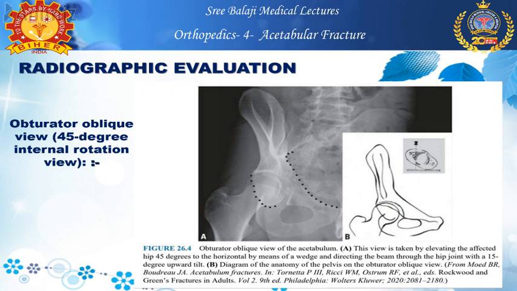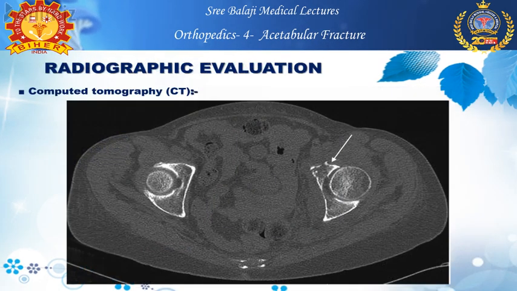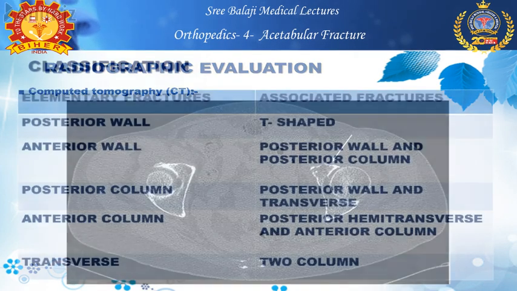The diagram of pelvic anatomy on an obturator view shows the iliopectineal line, which tells you the anterior column. We can take a CT scan of the pelvis with 3D reconstruction, which gives a clear picture. In this image you can see the anterior column, posterior column and the femoral head.